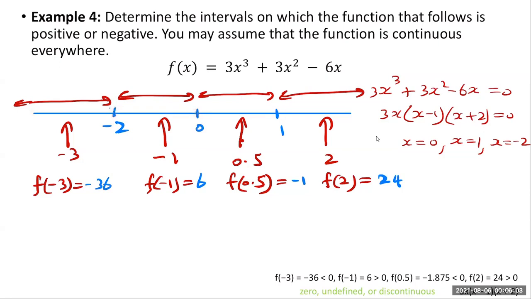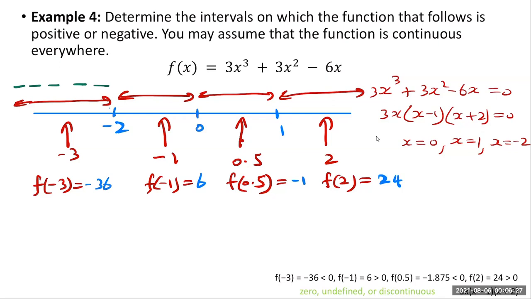So if my y value is negative for one x value, then my y value has to be negative for all the x values in this interval. So that's the idea. In this entire interval, my y value has to be negative. So let me put a bunch of negative signs in that interval.